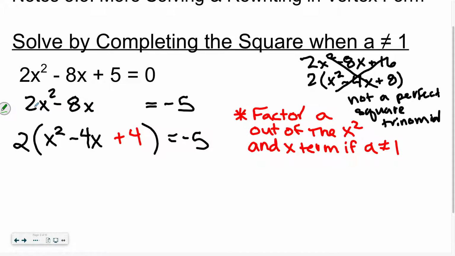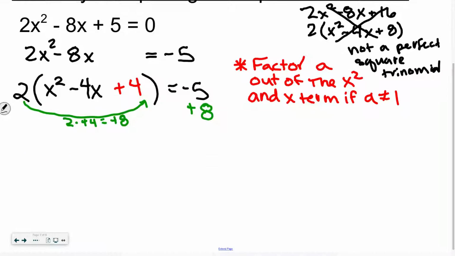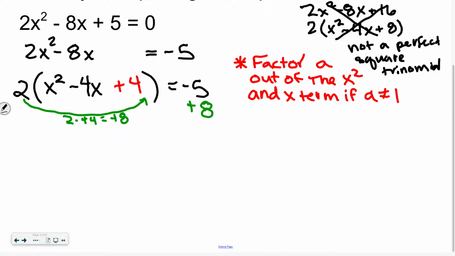So this number that I put in there is not really adding 4, I really added 8. So I always draw it like this, like I'm distributing the a. 2 times positive 4 is plus 8. So if I just added 8 over here, then I need to add 8 on the right. And that's really hard for people to remember. But that only happens when you factor something out, that you have to distribute it before you add to the other side. Okay, so now I can pull down my 2.